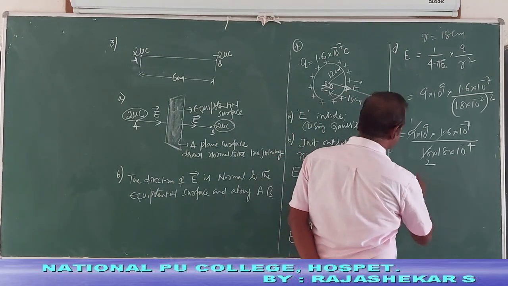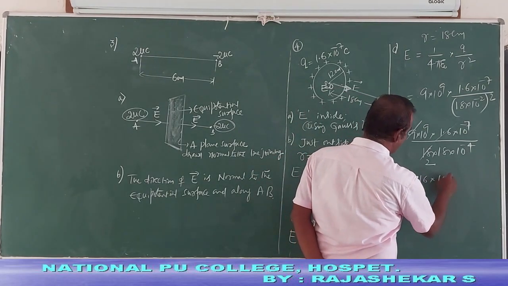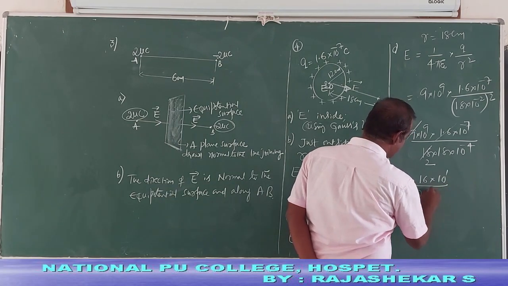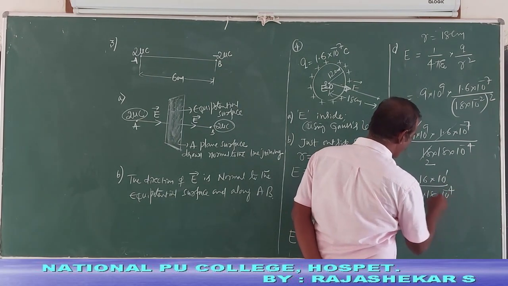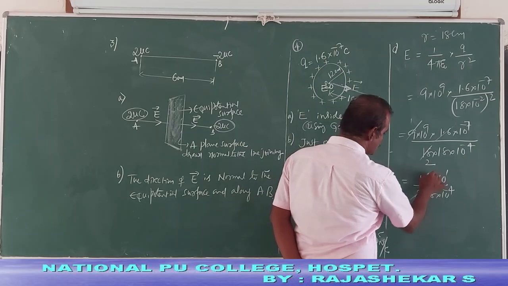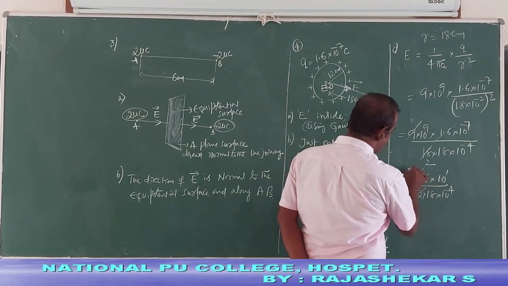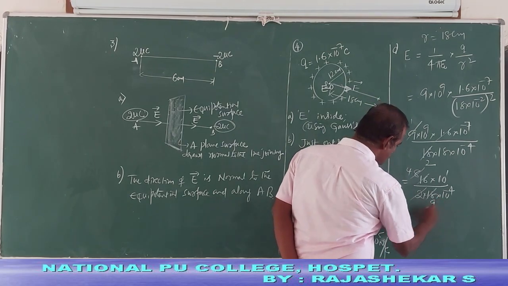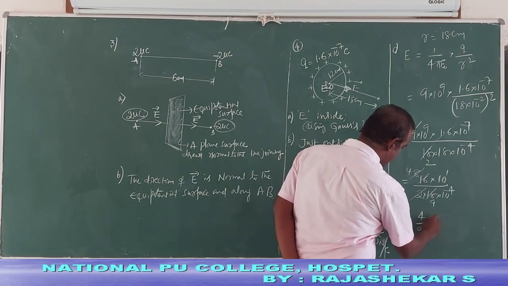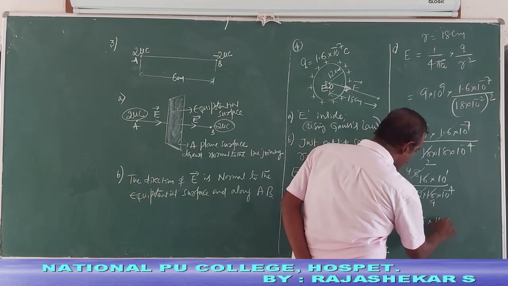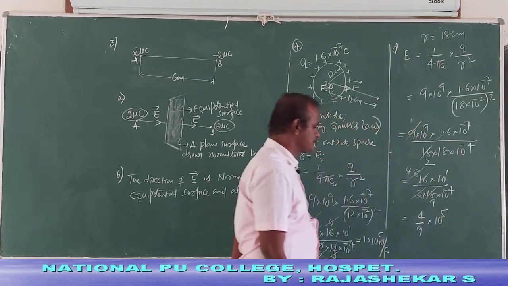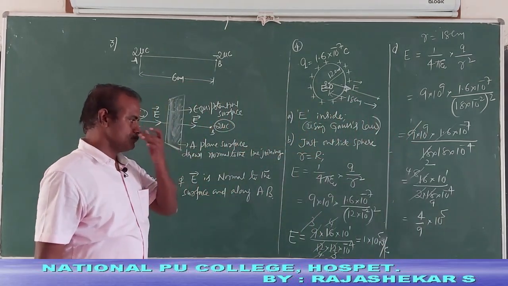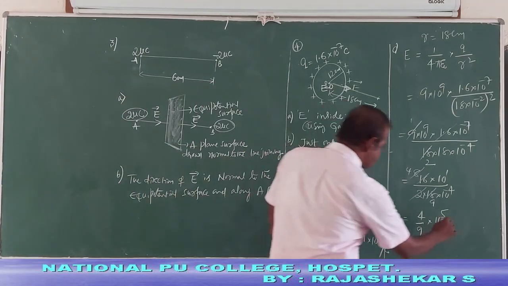So you are left with 16 into 10 to the power 1 divided by 2 into 18 into 10 to the power minus 4. This is 2 8 times, 2 4 times, 2 9 times. This is 4 by 9 into 10 to the power 5 Newton per coulomb.